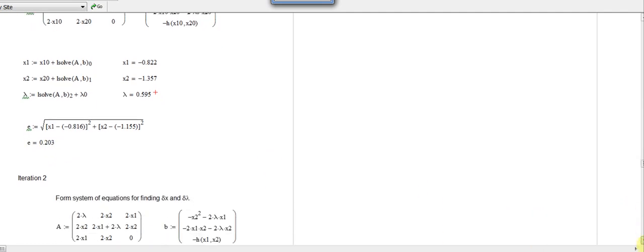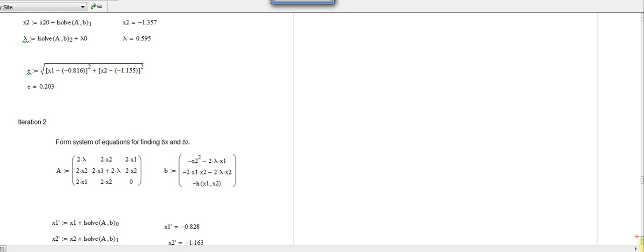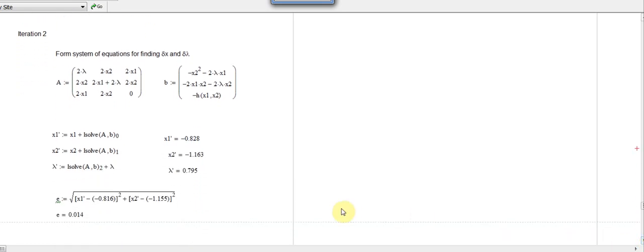This is the second iteration. We update the matrix A in the left-hand side of the equation, and we update also the right-hand side, and here is the solution. So the first variable now, the estimate of the solution, is minus 0.828.